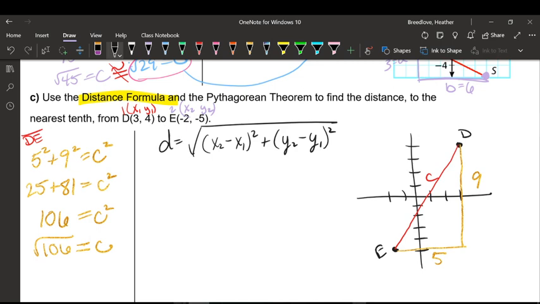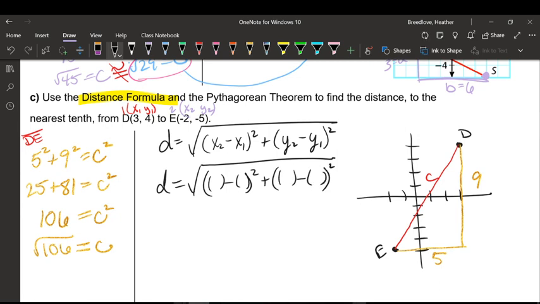Square root, parentheses, blank, minus blank, parentheses squared, plus parentheses blank, minus blank, parentheses squared. I find that makes it easier whenever you're using a formula, or even put in blank parentheses if that helps you.